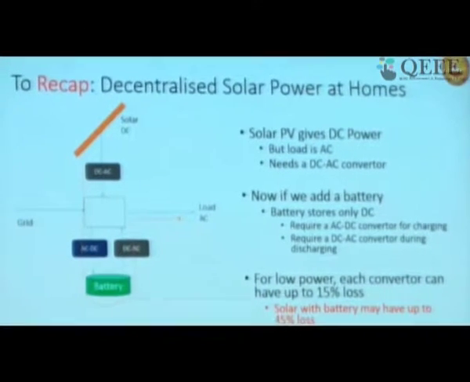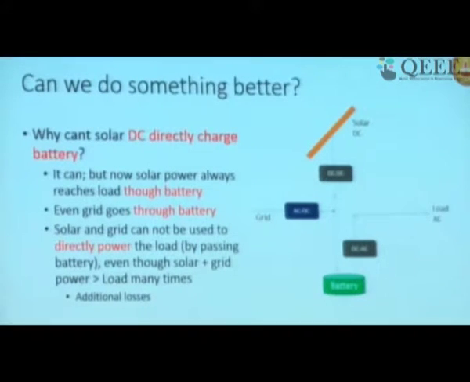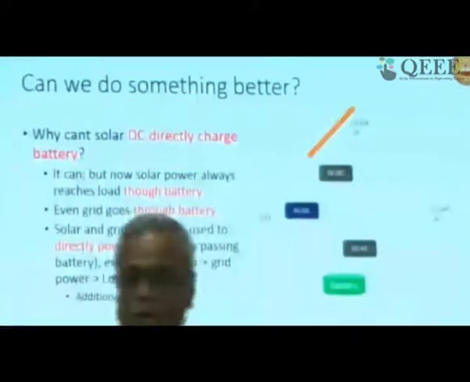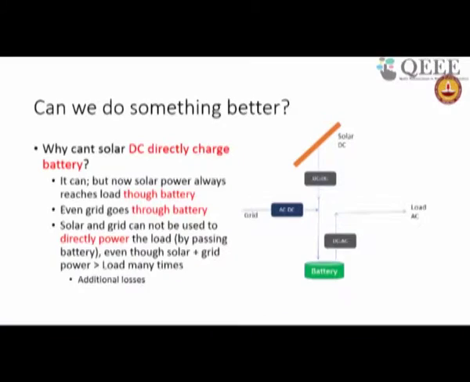Now I am not doing that. So solar power will always go through the battery. Similarly, even grid goes through the battery. Grid power which could have directly powered the load, which at least was okay, no losses, suddenly I am saying grid will have an AC to DC converter, maybe 15% loss, 15% loss, 40% loss. So it's a bad solution. In fact, the previous solution is better, though the previous solution has larger losses.